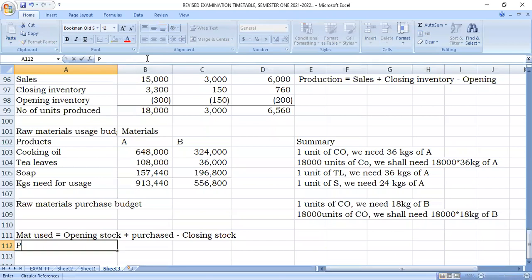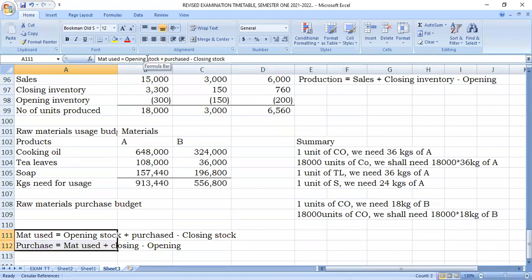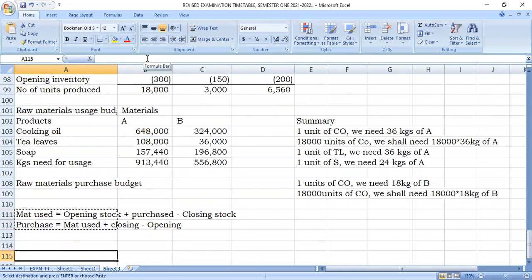Meaning that our purchase therefore will be equal to material used, plus what you closed with, what was left in stock, then minus opening stock. This is regarding raw materials.